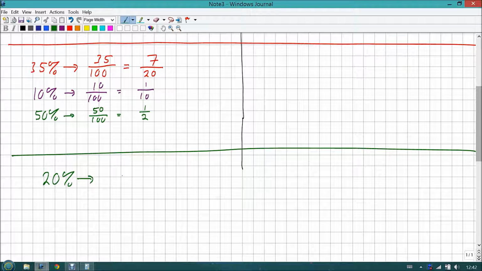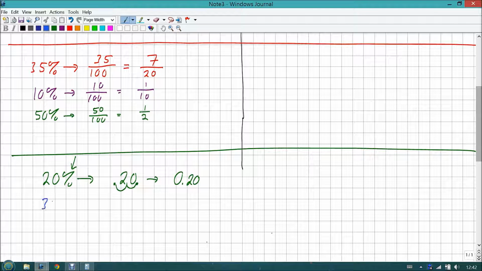The first thing that we do is rewrite 20 and then we put a little decimal mark at the end of our whole numbers. And then the percent means that we're dividing by 100. Dividing by 100 means that we take this little decimal place and we move it 2 spaces to the left. So 20% would really be 0.20.